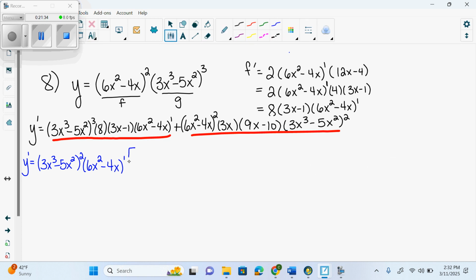So then I write what's left over in my square bracket. Okay? So I took out 2 out of 3 of these, so I'm still left with 1. 3x cubed minus 5x squared. I didn't do anything with the 8 or the 3x minus 1, so they're staying.